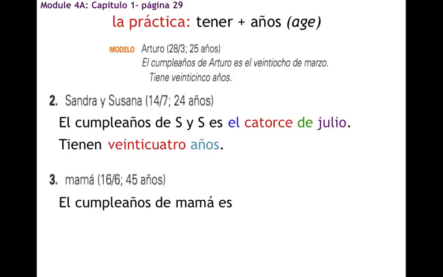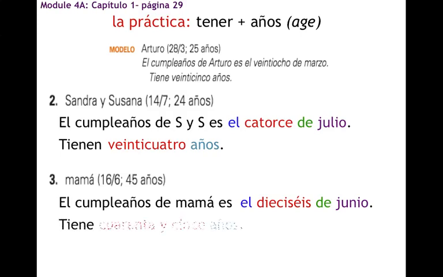El cumpleaños de mamá es el 16 de junio. ¿Cuántos años tiene? Tiene 45 años.